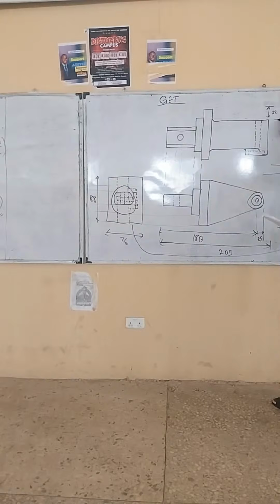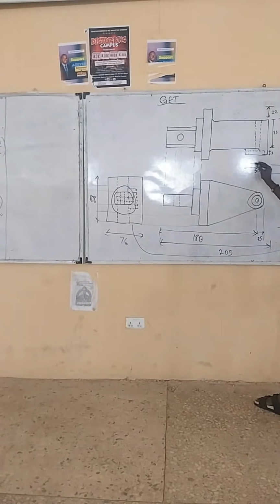Here to here, I have 32. And from here to here, I have 44. This small one here, I have 2. Everything here is 50.